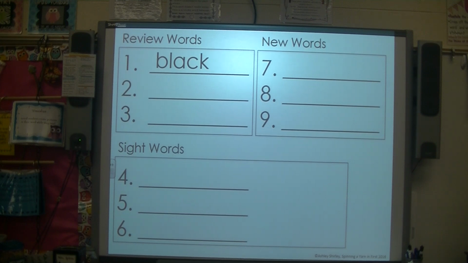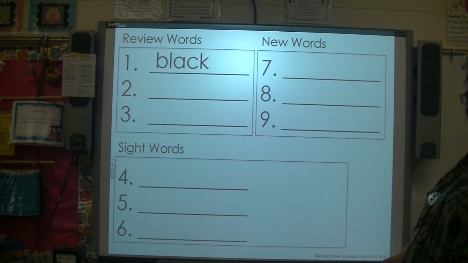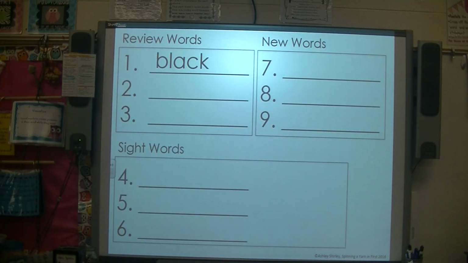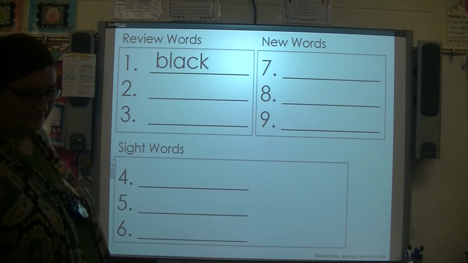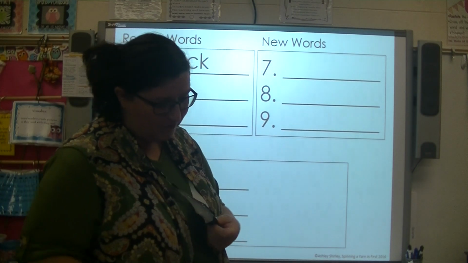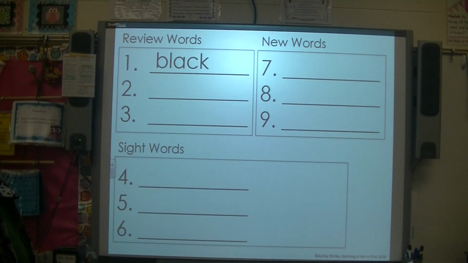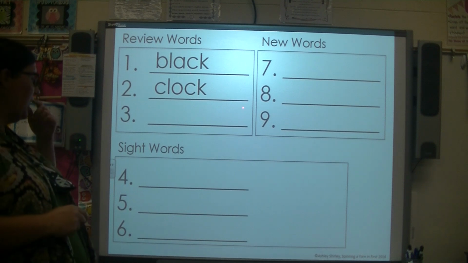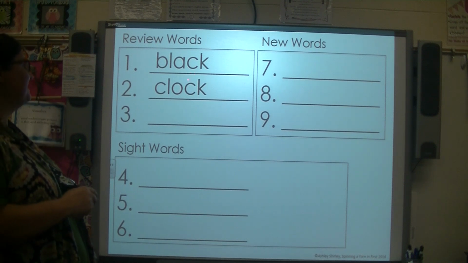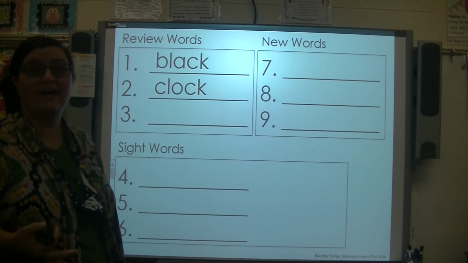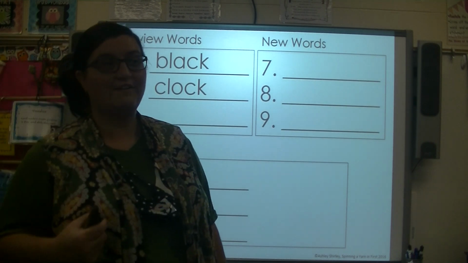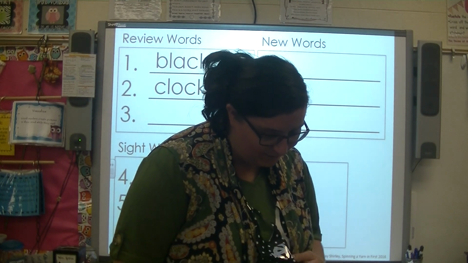Clock. Let's spell clock. C-L-O-C-K, clock. Remember, we spell with digraph CK because we have the K sound in the final position.